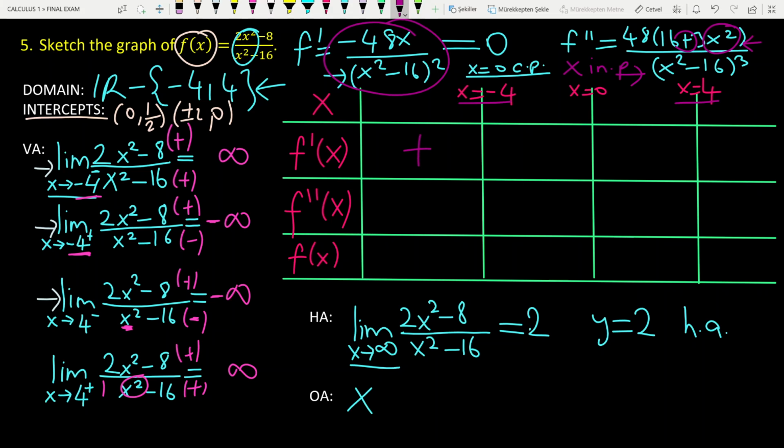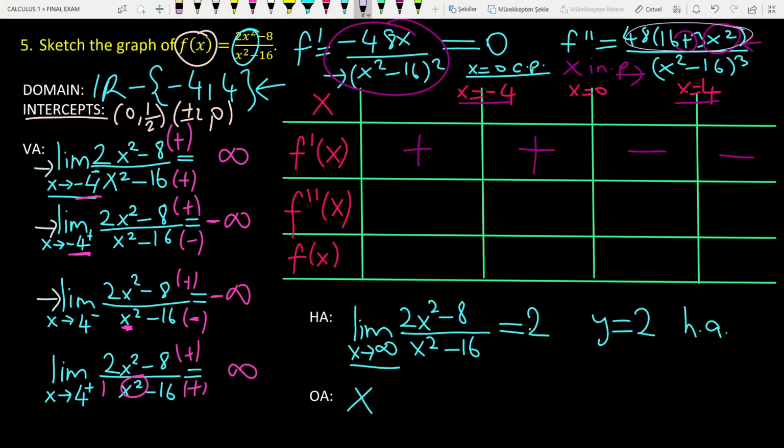From minus 4 to 0, you still have the same thing, right? The sign is positive. And from 0 to infinity, numerator becomes negative. This is why f prime becomes negative. Okay. What about the sign of f double prime? As you see, numerator is always positive for all values of x, no problem. So we should look at the sign of the denominator. This is important.